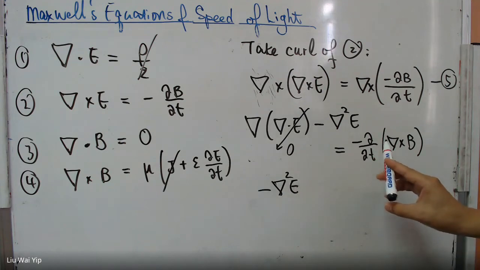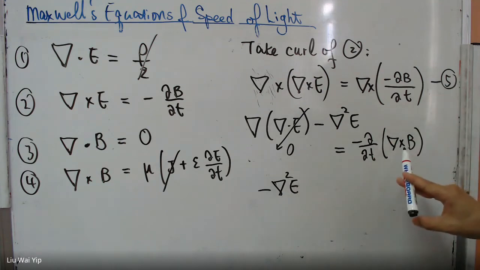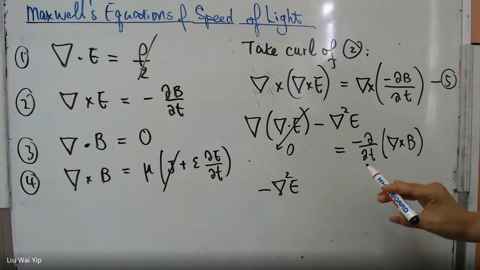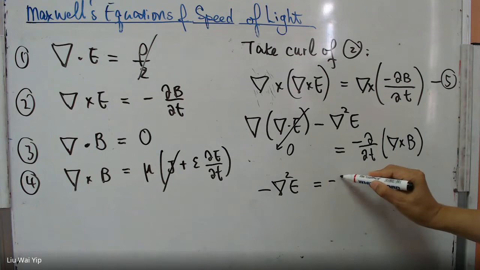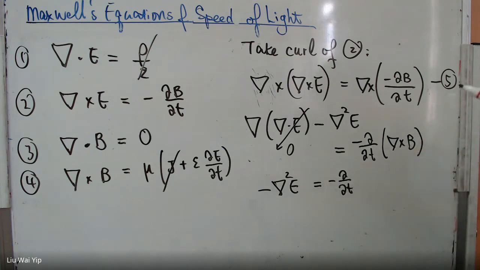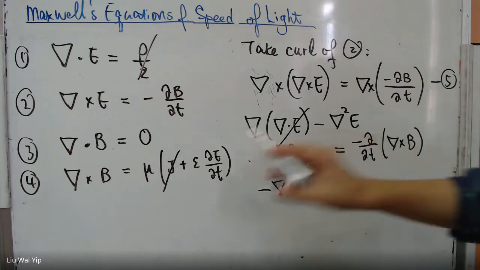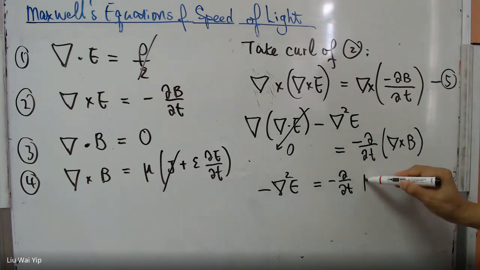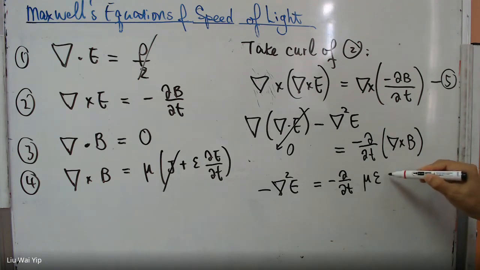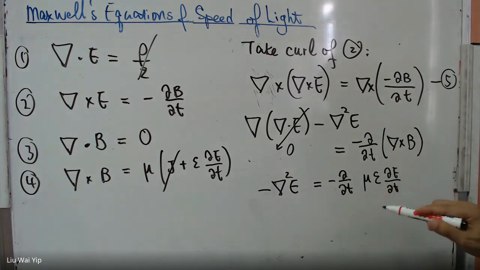And now the right-hand side of equation 5 can be written as del t, and then what is curl of B? According to here, it is mu epsilon and then del E over del t.